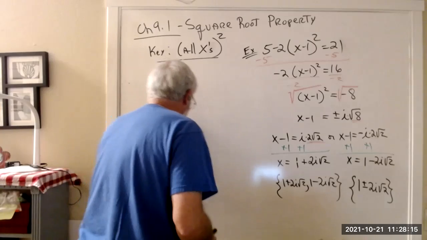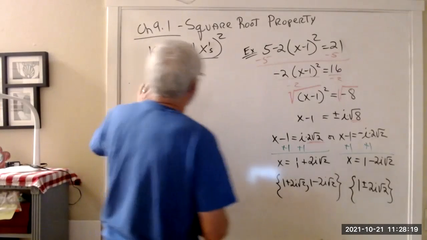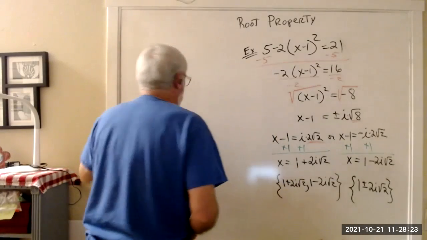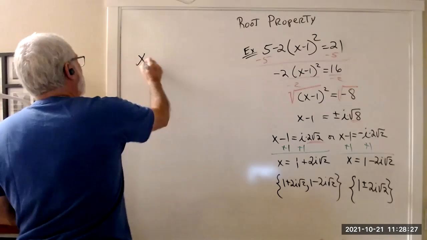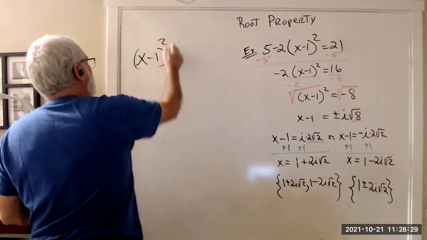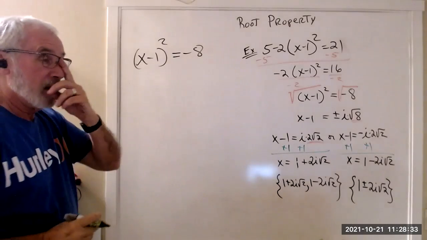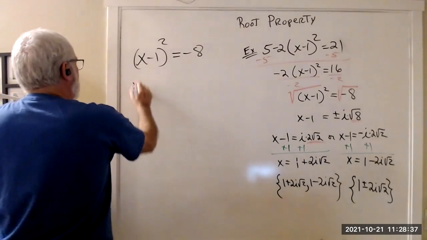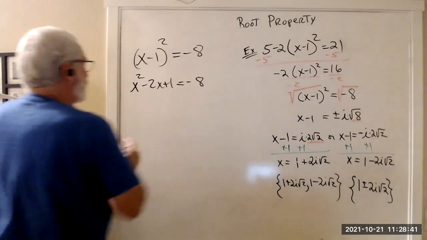That's a good question, because you're looking here going, that's a whole lot of work and I don't want to do it. Isn't there an easier way? I know what you're thinking. He's saying, what if we squared this out to become x squared minus 2x plus 1 equals -8?